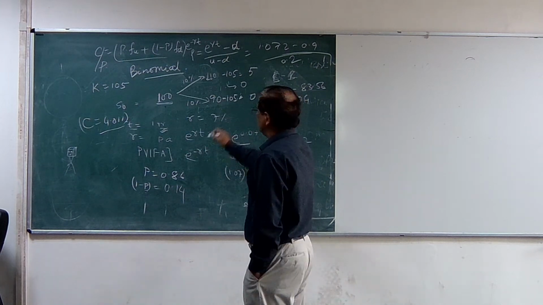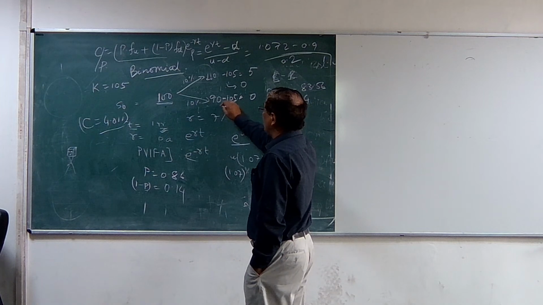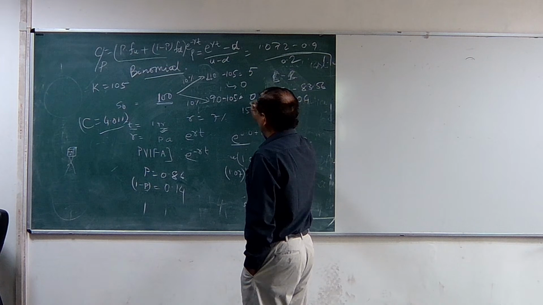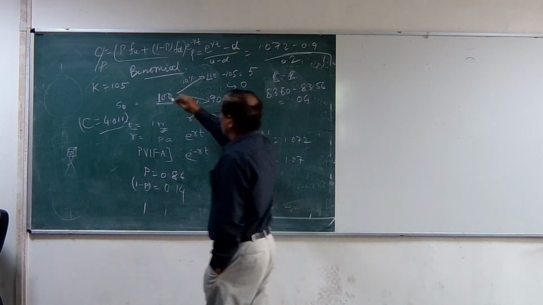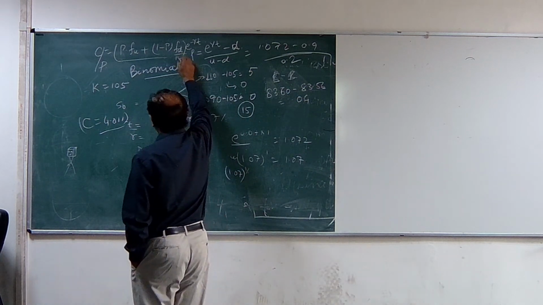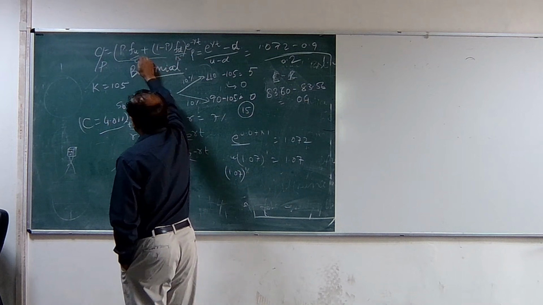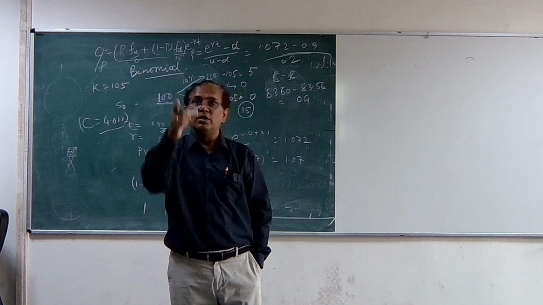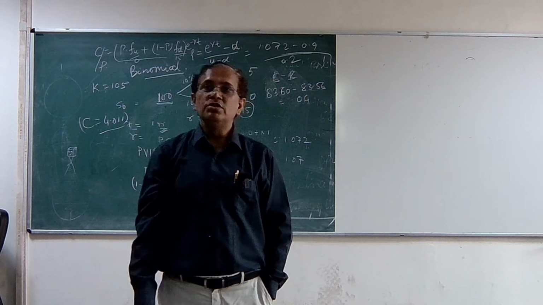And here 105 minus 90 will become 15. Put the value 15 here. This value 0, you can ignore for the calculation for the time being, but you must mention the value 0 in your equation.